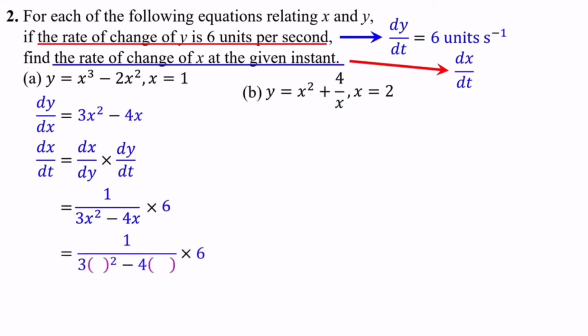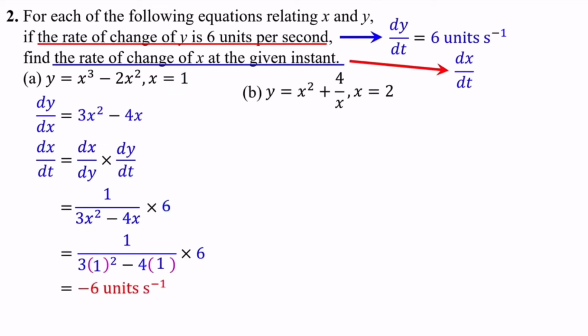So you have to invert the dy/dx, right? We will multiply with the 6 and then substitute the 1 into the dx/dy and solve the question. Alright, so the answer is negative 6 units per second.